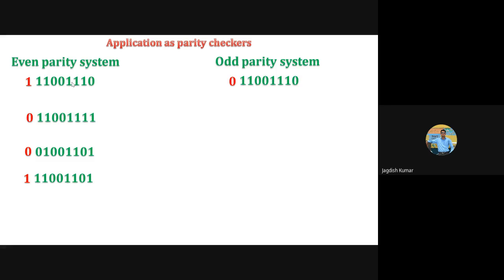Very smart, very good. And what should be the parity in this case? Correct. What should be the parity in this case? Do you think it is 1? Correct. What should be the parity for this case?